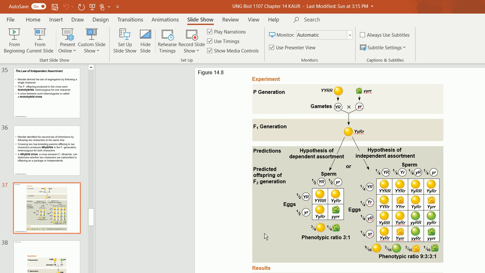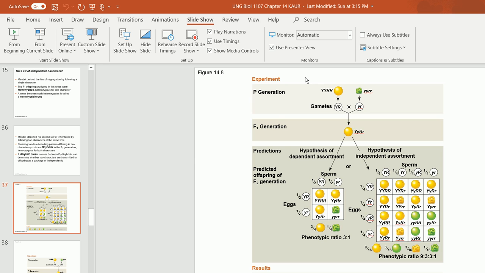This is the dihybrid cross, and on the basis of this dihybrid cross, Mendel gave the law of independent assortment. So he said that these characters are not dependent on each other, which means that as he took the yellow and round seeds, and here he took the green and wrinkled seeds, the inference he got from this cross was that these characters are assorted independently of each other.